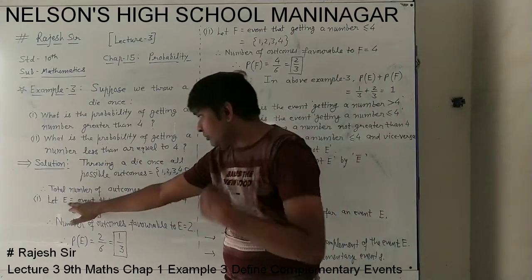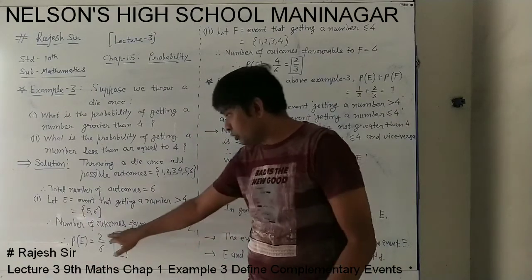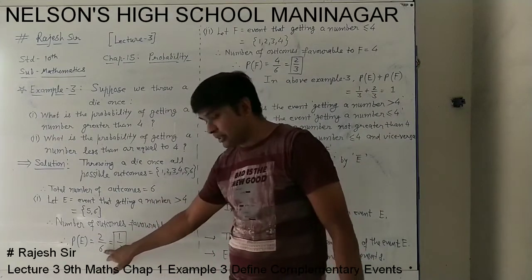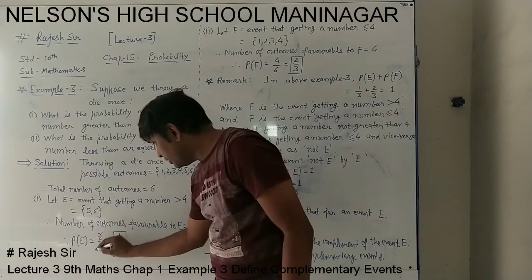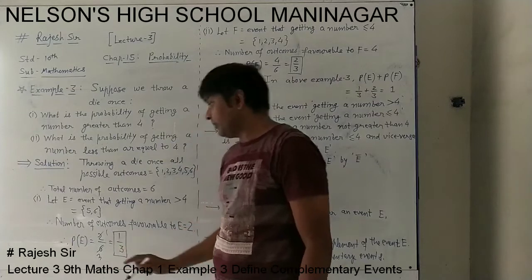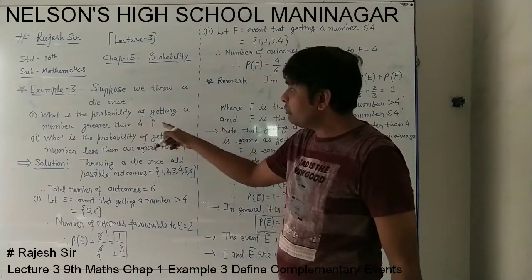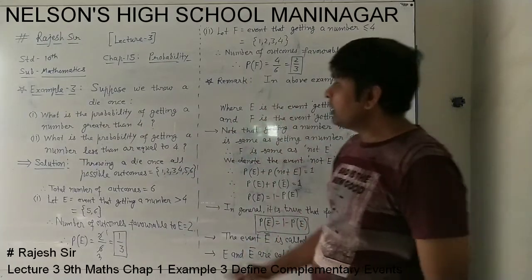So the probability of E: favorable outcomes are 2, and total outcomes 6. Cancelling 2 with the common factor 2: 2 ones are 2, 2 threes are 6. So 1 upon 3. The first answer: the probability of getting a number greater than 4 is 1 upon 3.